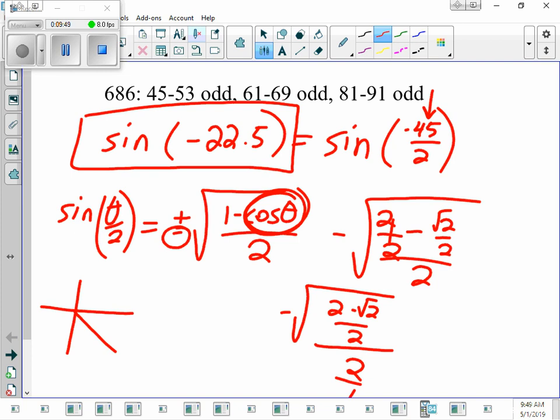What's the next step? Invert and multiply. 1 over 2. So the top becomes the square root of 2 minus root 2. What about the bottom?